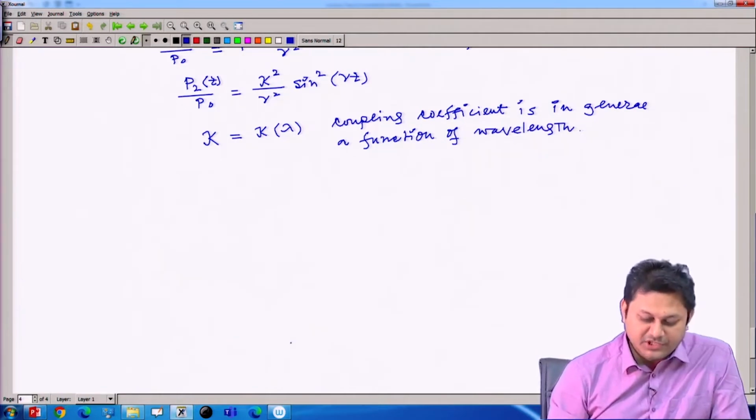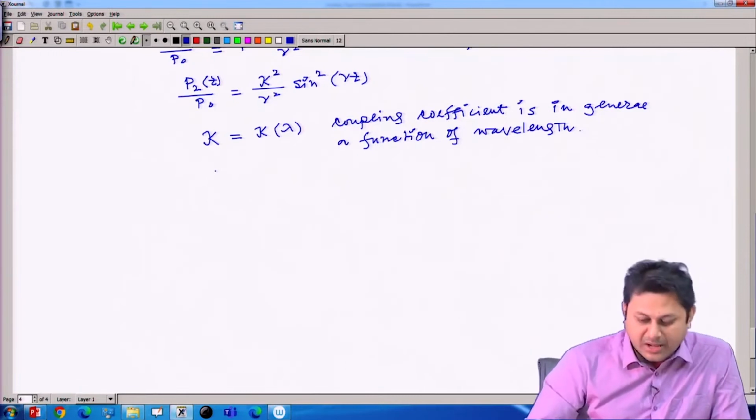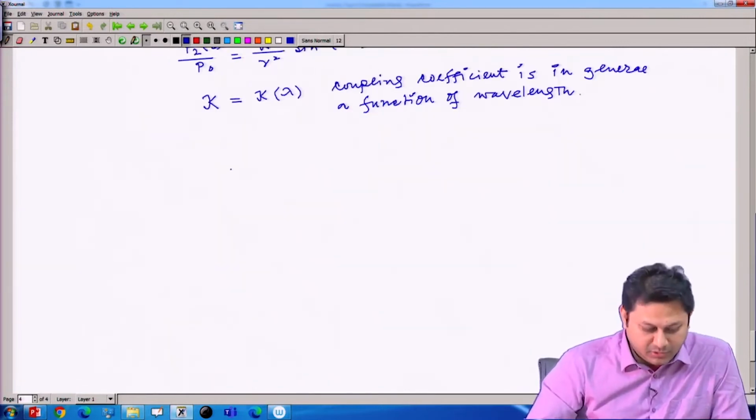That means for lambda 1 and lambda 2, these values are different.